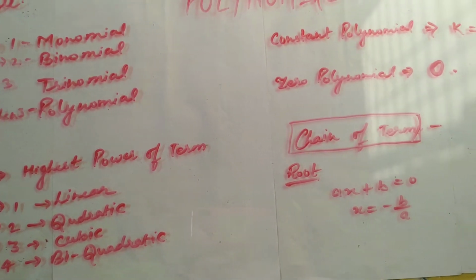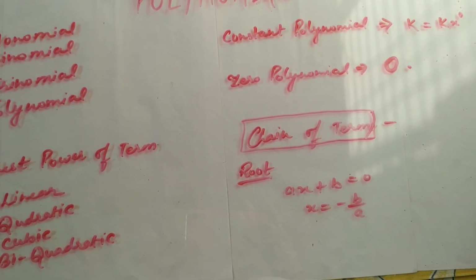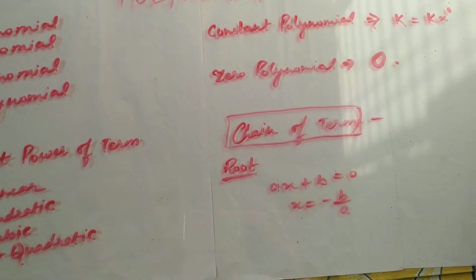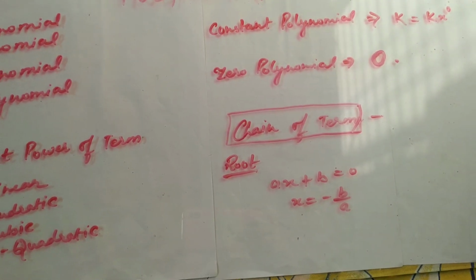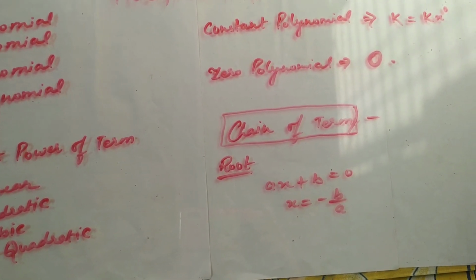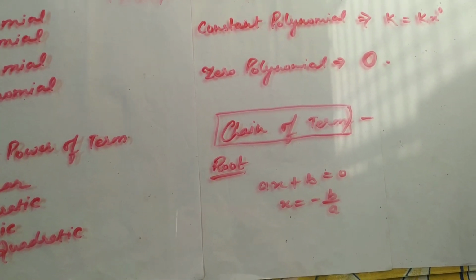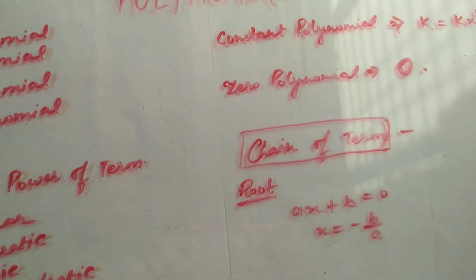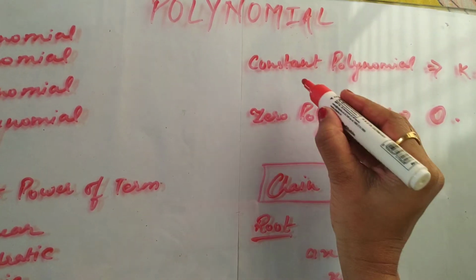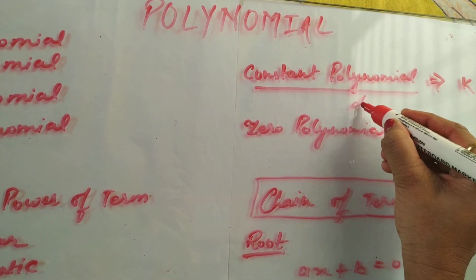Constant polynomial, every number we can write in the form of x to the power 0. So the degree of a constant polynomial is always 0. Remember here, the degree of a constant polynomial is always 0.